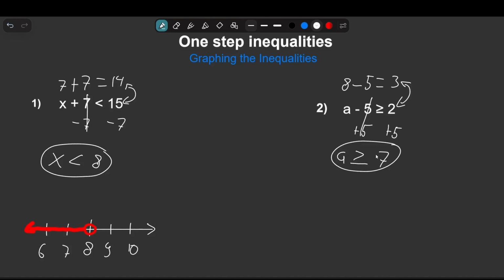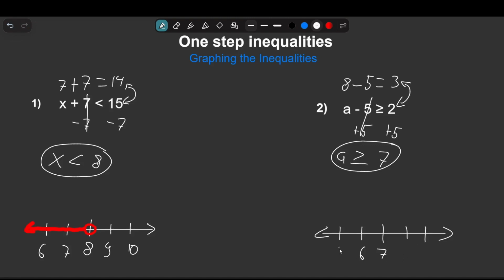Now let's go over how to graph this one. So let's draw a number line again, like this, with 7 in the middle. I'm going to put 7 here and some numbers to the left and to the right of the 7. So we have, oh my bad guys, I did it very ugly, like this.